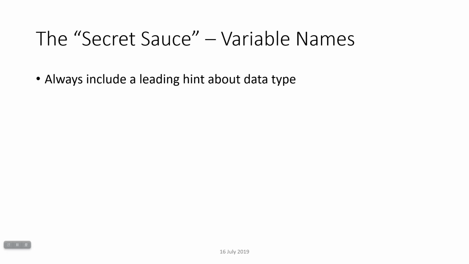Or numbers with decimal points, so real numbers with decimal points. You could use FP for floating point, or RL for real. If you have logical decisions that are made, the true false or the yes no, that's a Boolean data type. So you could use the letters B, O, O.